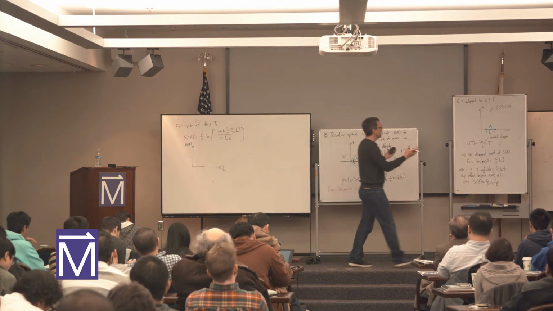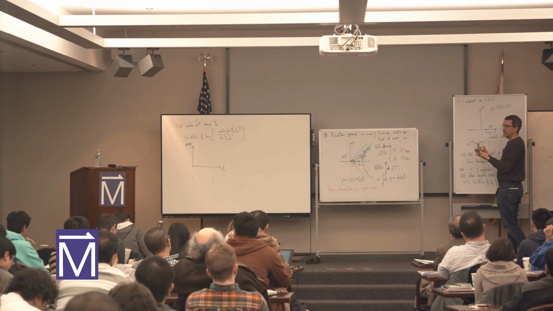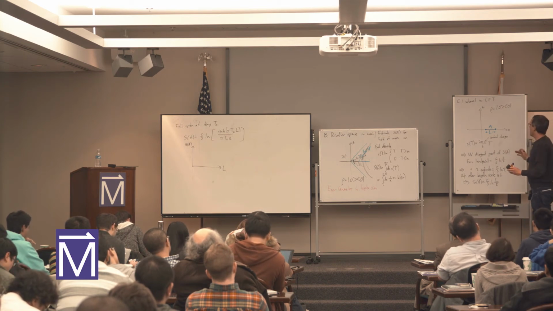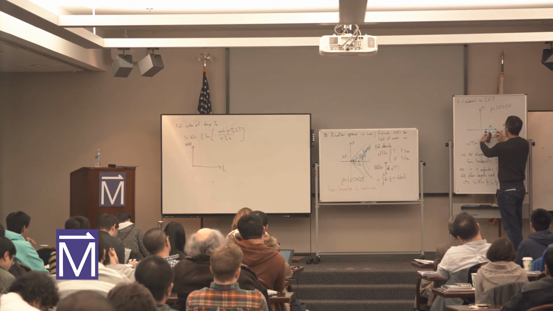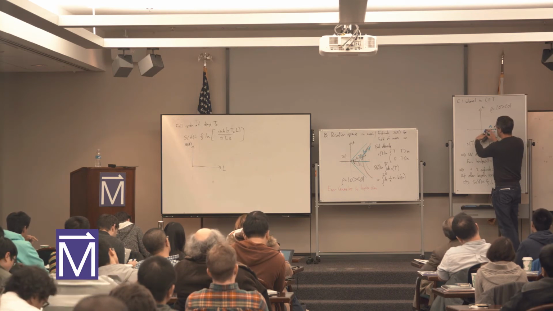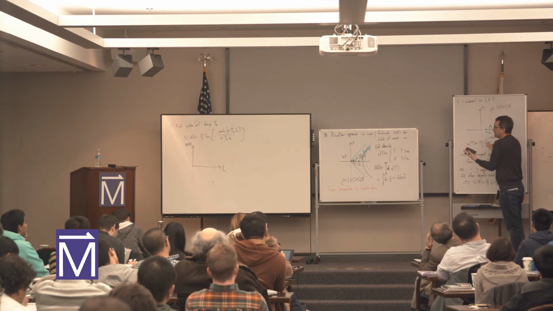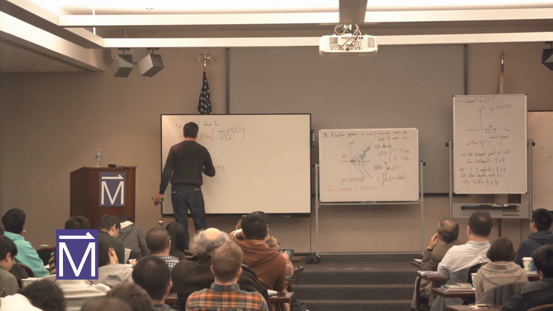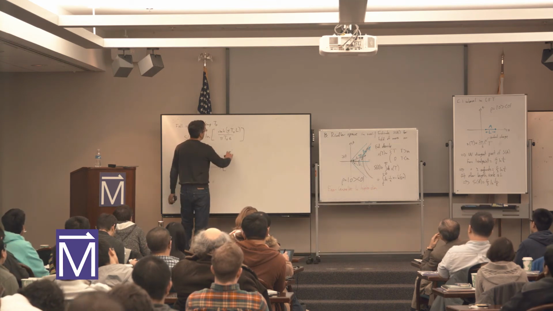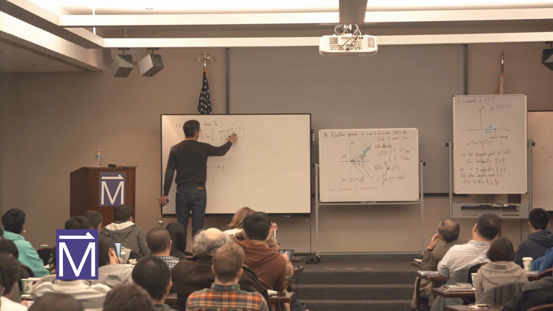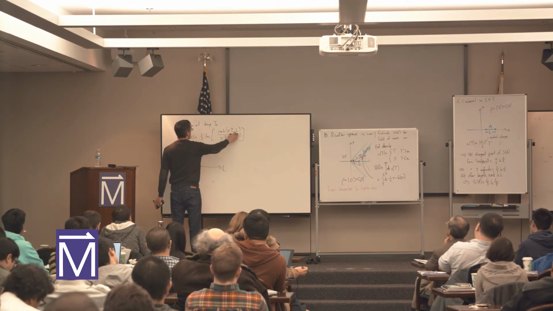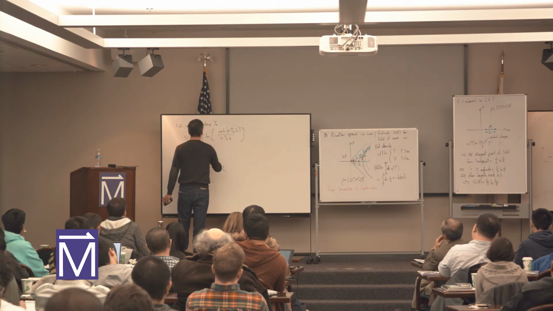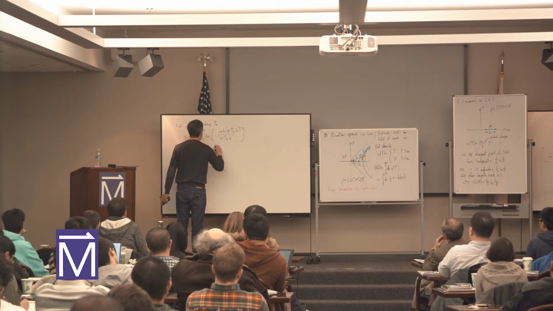There's some thermal length 1 over T, because remember, we're in a CFT, so there's no other lengths. So when L is small compared to 1 over T naught, it doesn't really know it's at finite temperature, and so it just looks like the log that we had. But on the other hand, when L is large compared to 1 over T naught, then you get log sinh, and log sinh is basically linear, and so it turns over to something linear.